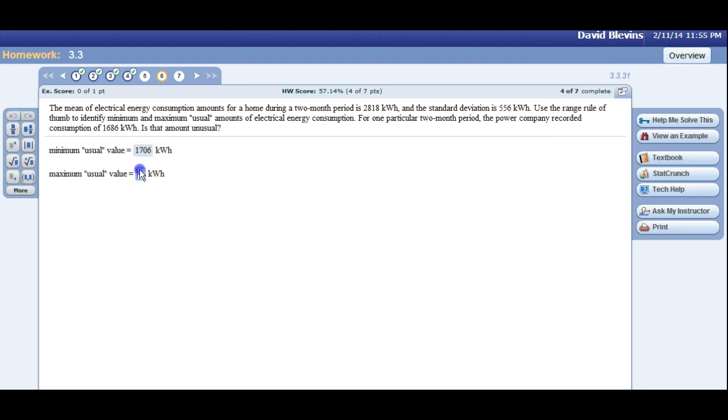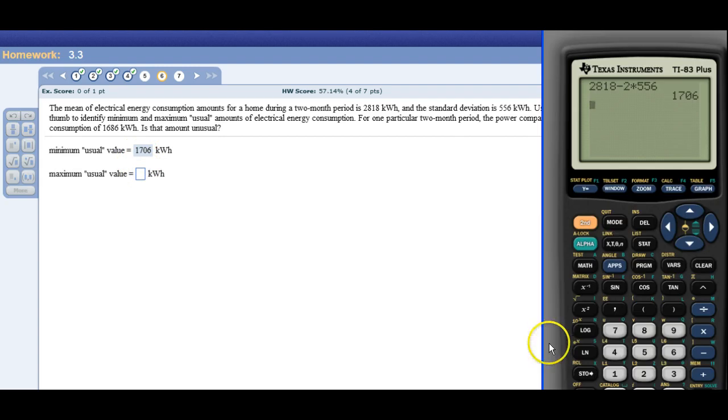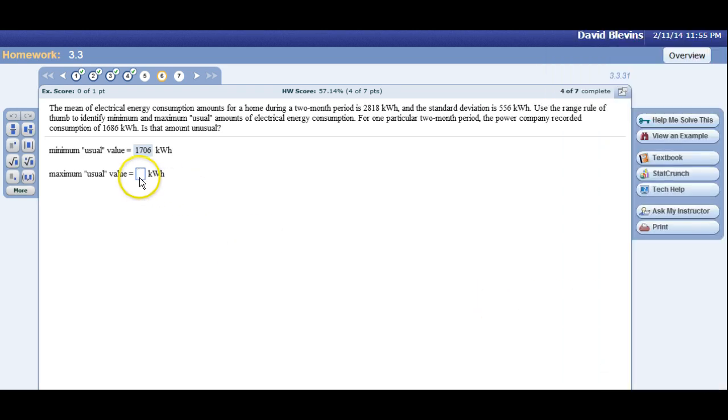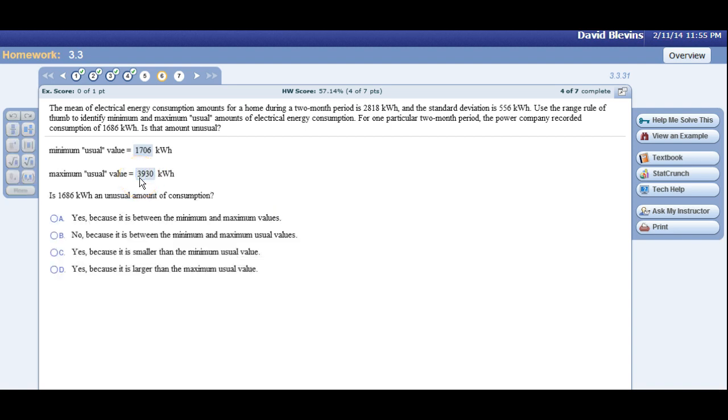And the maximum, just do the exact same thing, but change the minus to a plus, and you've got the maximum. So 3930. And then, is that 1686 unusual? Yes, it's outside of this range.